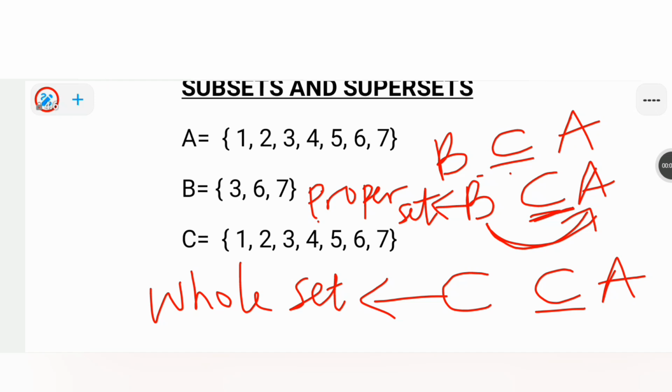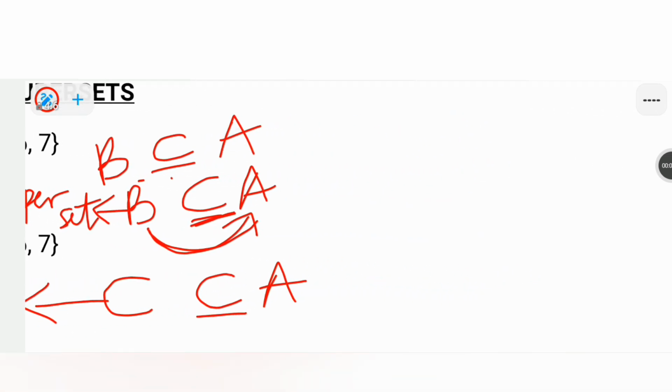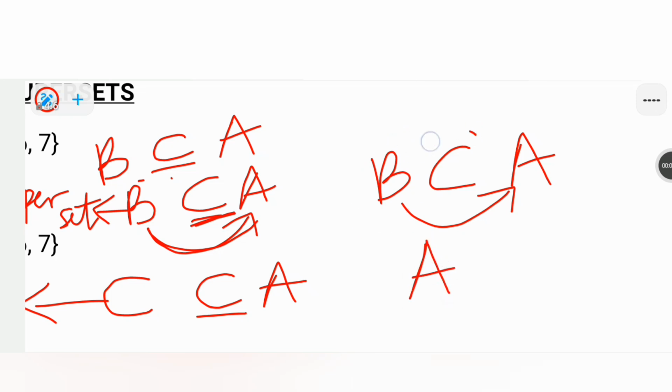Now for supersets. Since I said B is the child of A, that means B was taken out from set A. If you want to start with A on this side, you reverse this symbol like this, then you write B here. This symbol here stands for superset.